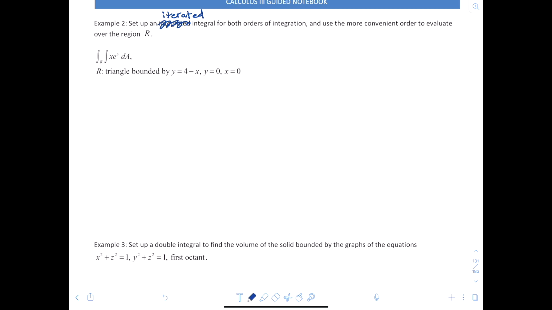So our region R is this triangle bounded by y = 4 minus x, y = 0, and x = 0. Let's do a general drawing first to figure out which order might be better.